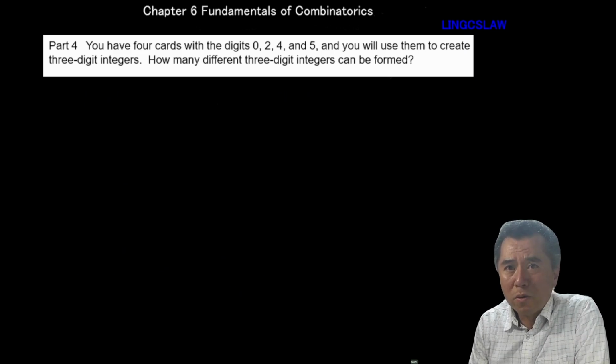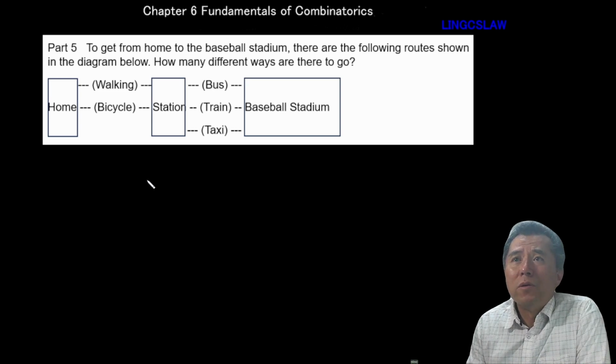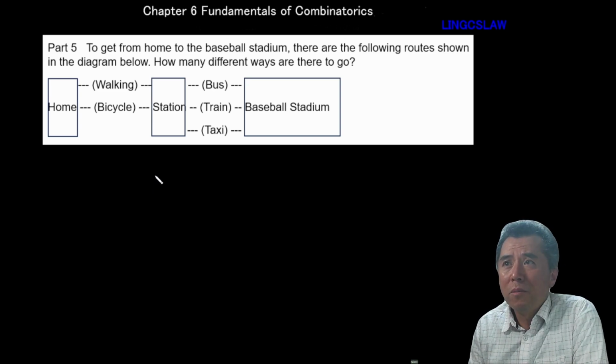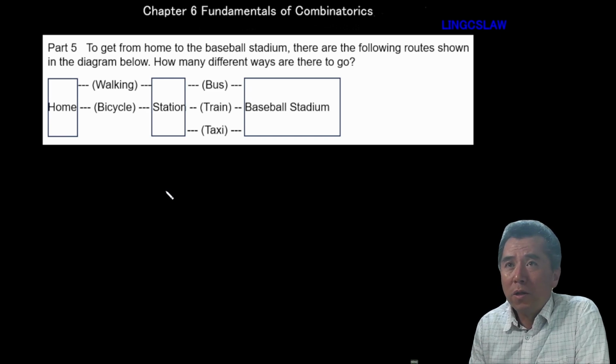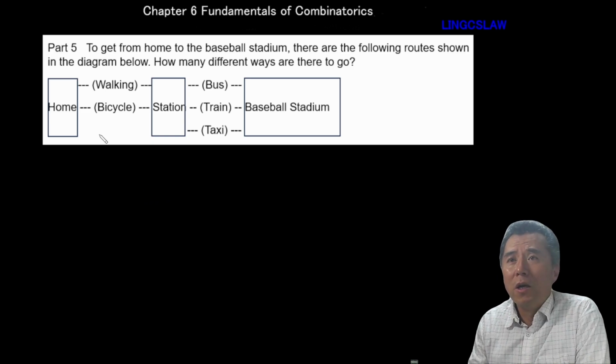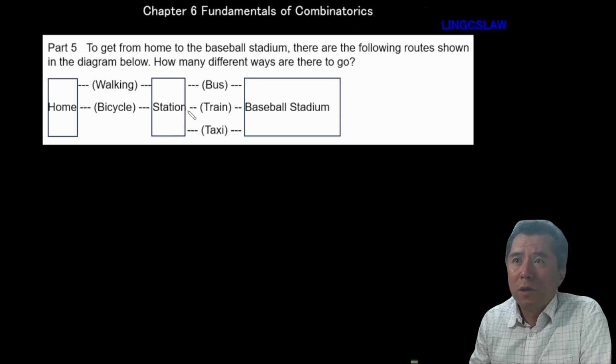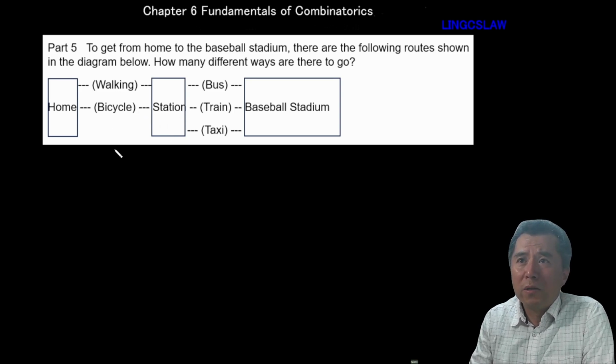Now let's go on to the next one. Part 5. To get from home to the baseball stadium, there are the following routes shown in the diagram below. How many different ways are there? This is kind of an easy one. From home to station, there are 2 ways.